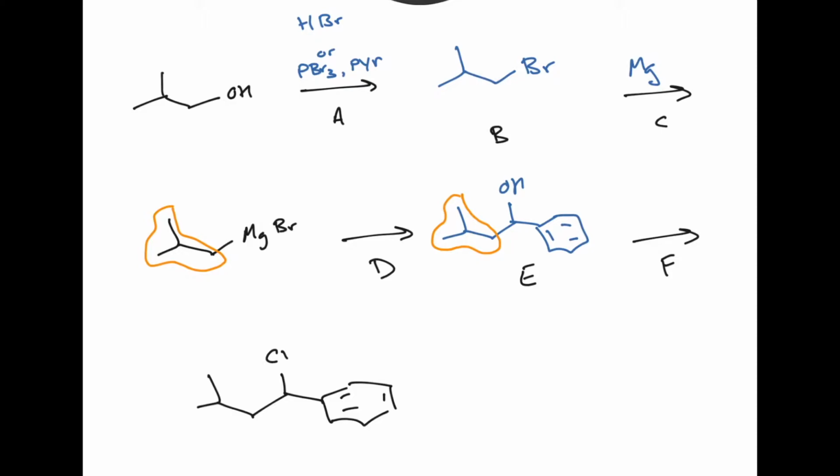I added an organometallic to something to make a secondary alcohol. What is the something? Is it a ketone or an aldehyde? Ketones plus organometallics make tertiary alcohols. So it's an aldehyde. So the thing that the Grignard reagent adds to in D would be an aldehyde. So it's just benzaldehyde.